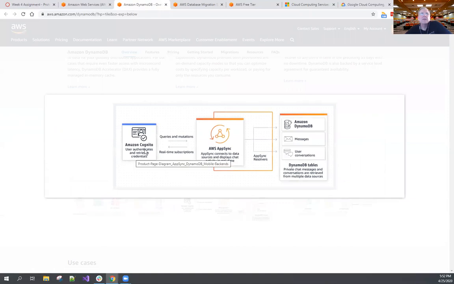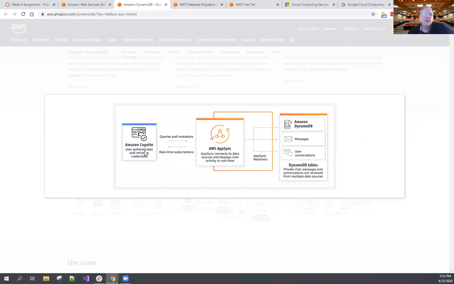Another thing DynamoDB can do is work with mobile apps. Mobile apps that are just dependent upon data being updated. We've got this interim service here, AWS AppSync, which connects to the data sources and displays, for example in this example, chat activity, messenger users.